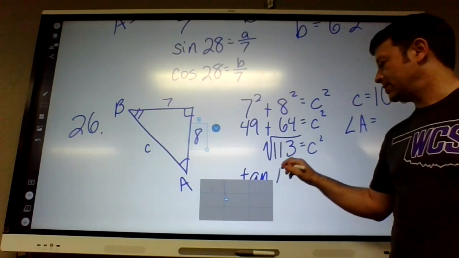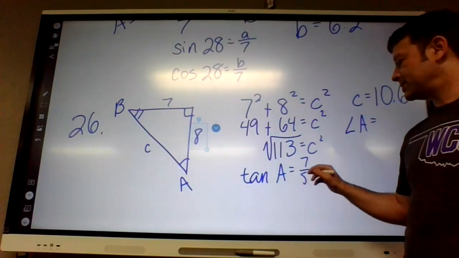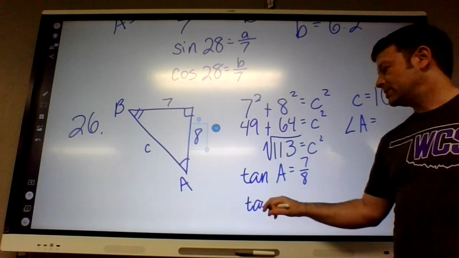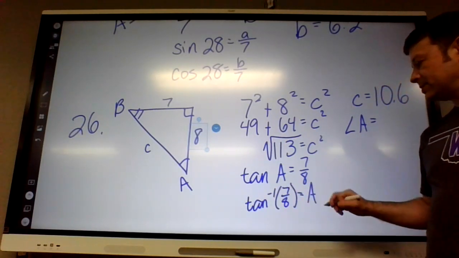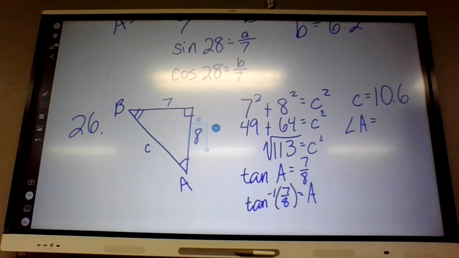Tangent of angle A equals opposite over adjacent, which means tangent inverse will give us the angle. What does that come out to?